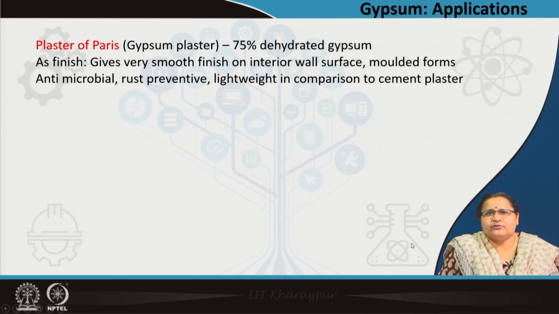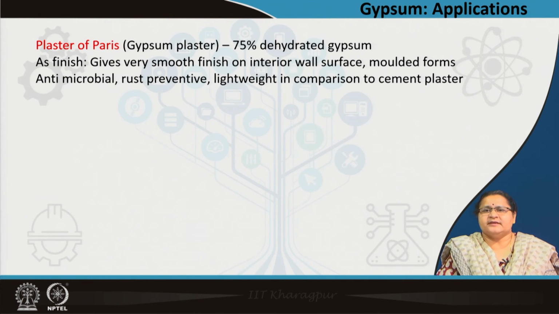Plaster of Paris, where 75% dehydrated gypsum is used, is giving you a smooth surface, as I told you, for interior wall surface. You can make different molded forms within the interior wall surface, in ceilings, carvings. It is better than cement plaster at times.